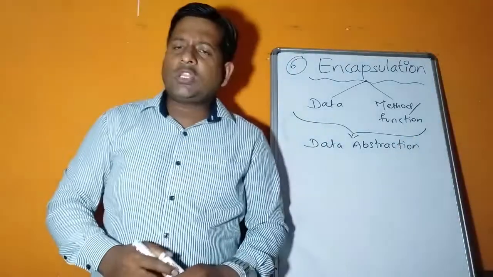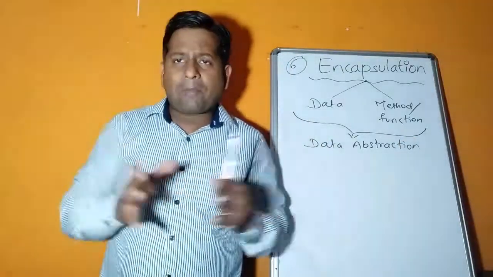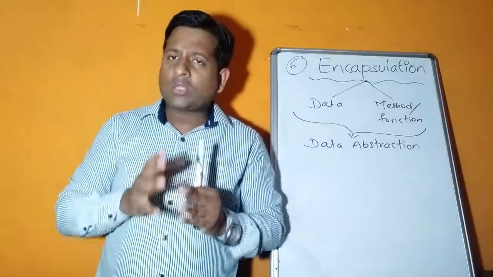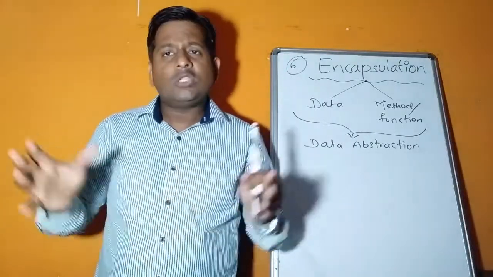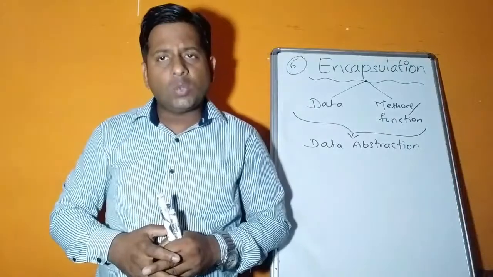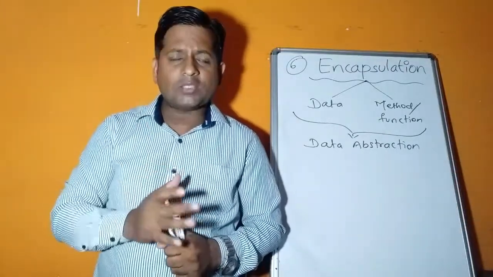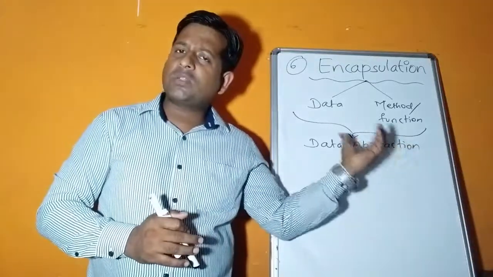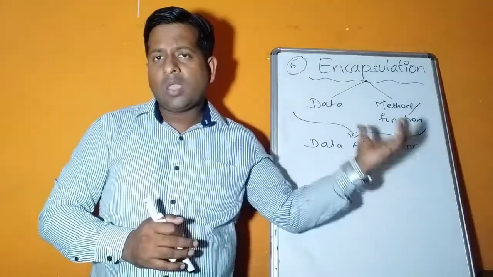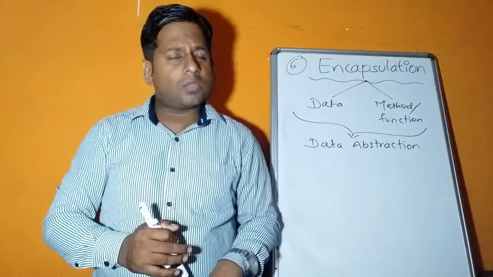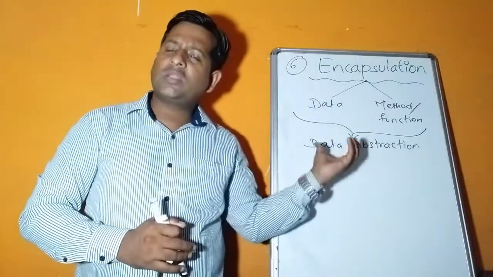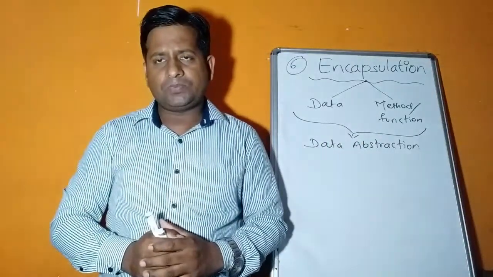So encapsulation is the process of wrapping, grouping data and member methods together into a single unit, that is known as a class. The benefit we get from wrapping is it hides the complexity from the user. And when it hides the complexity from the user, that process is known as data abstraction.